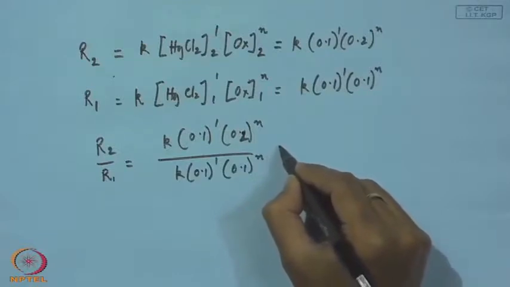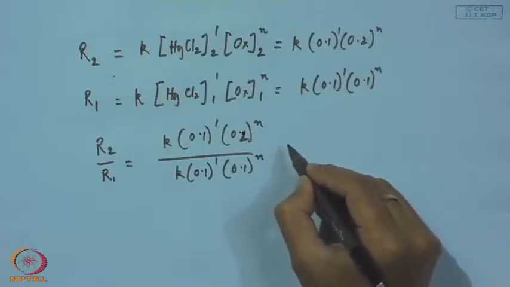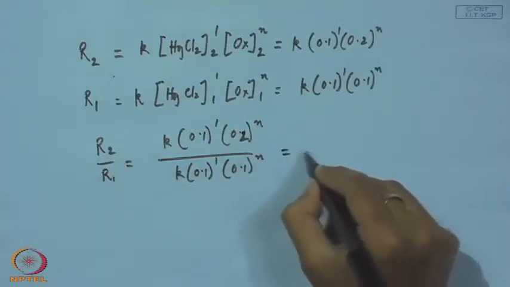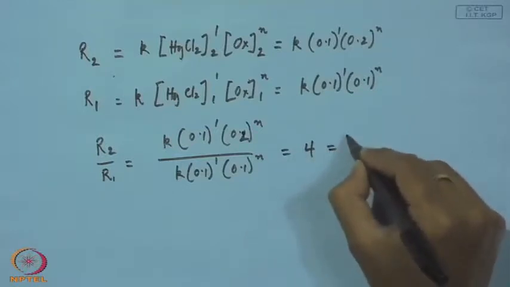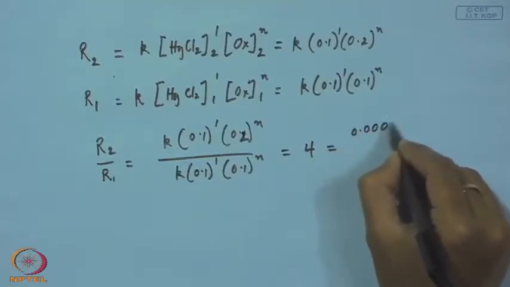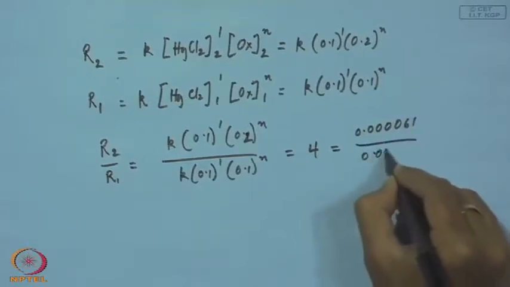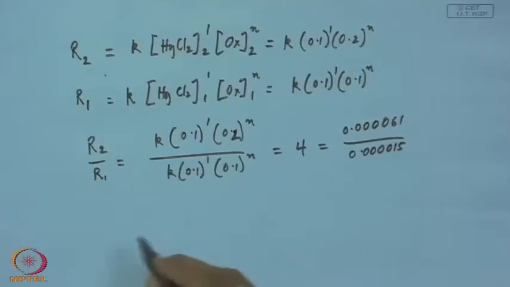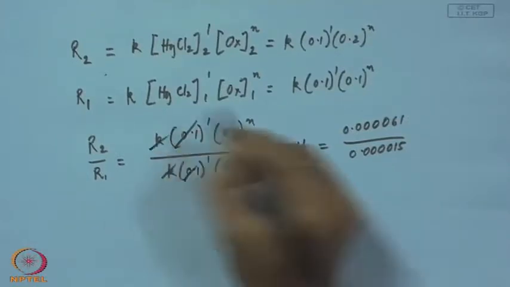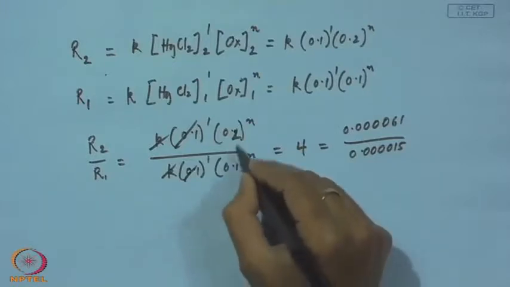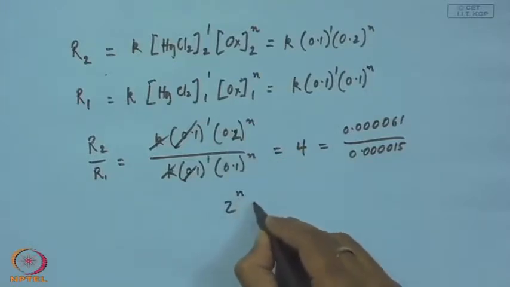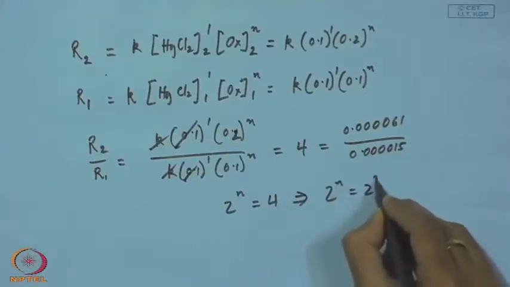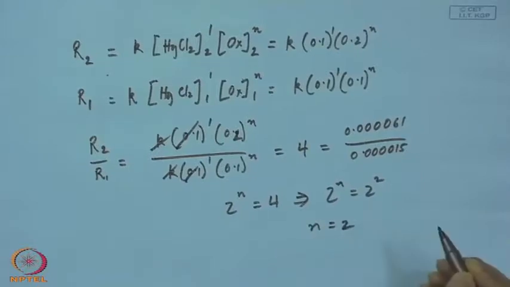And this is basically how much? If we look into the ratio for 2 and 1, it comes out to be equal to 4, because 0.000061 divided by 0.000015 is basically 4. So we cross out the common terms, which means 2 to the power n is equal to 4, implies 2 to the power n is equal to 2 to the power 2, that means n is equal to 2.